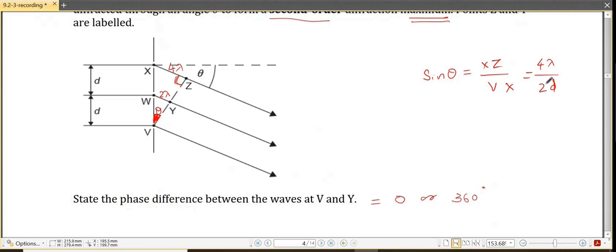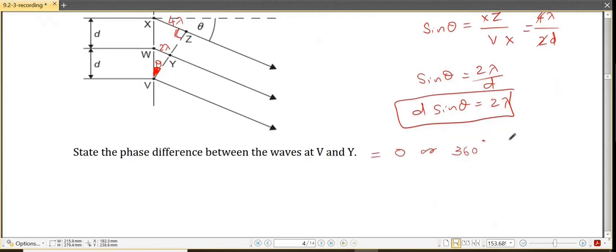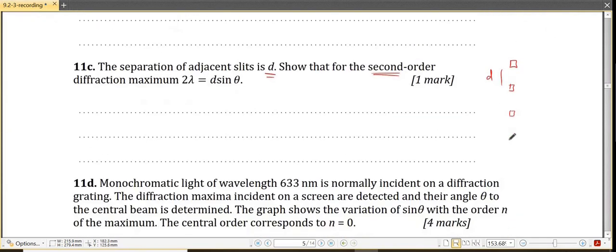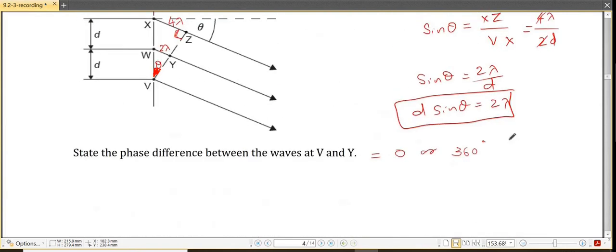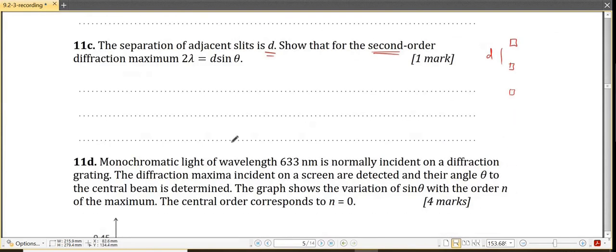Cancelling 2, we have sine theta equal to 2 lambda upon d, or d sine theta equal to 2 lambda. Let's see whether that's what they want us to prove. 2 lambda equals d sine theta, correct. So we proved that.